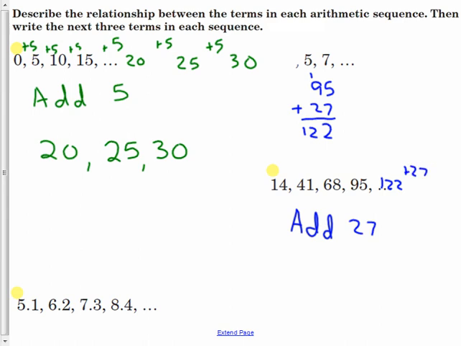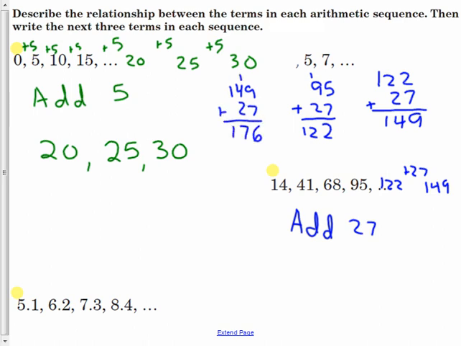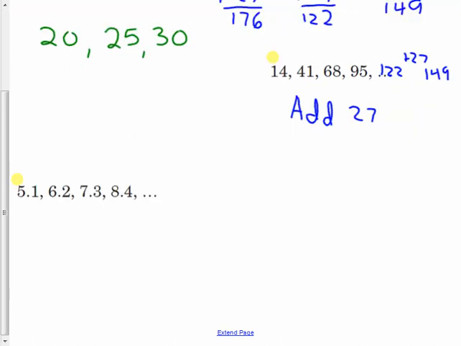And 122 plus 27 is 149. And my last one, I'm going to have to slide over here. 149 plus 27 is 176. So my description is add 27, and my next three numbers are 122, 149, and 176.